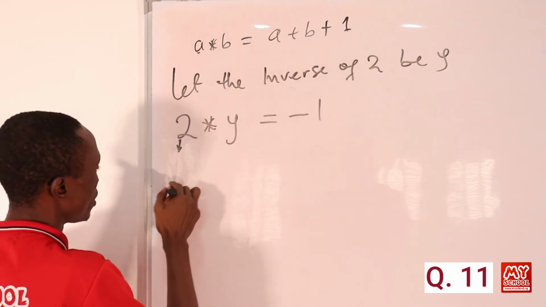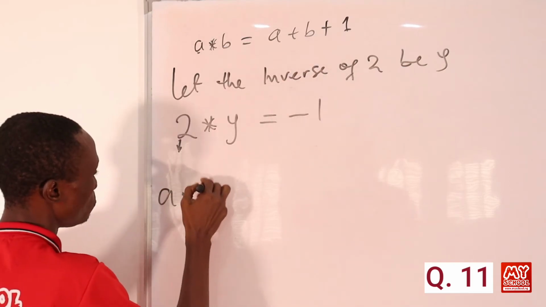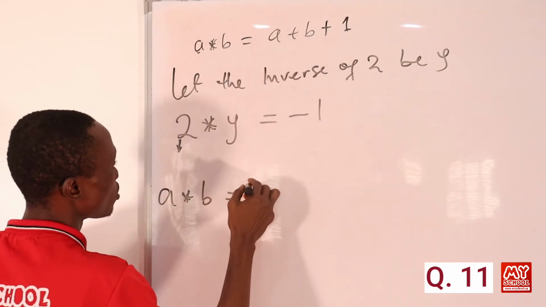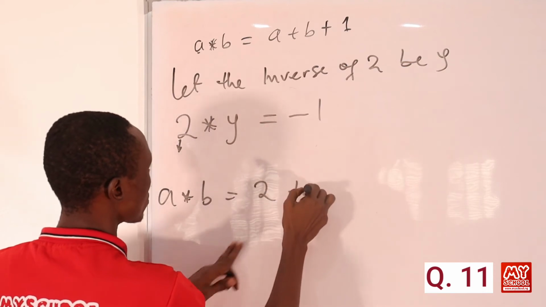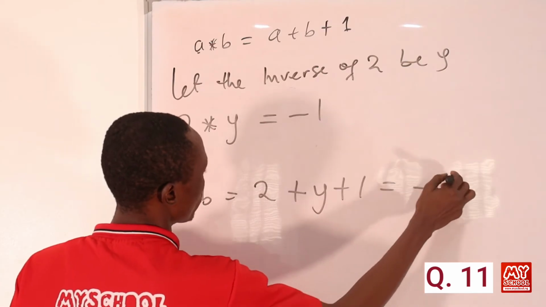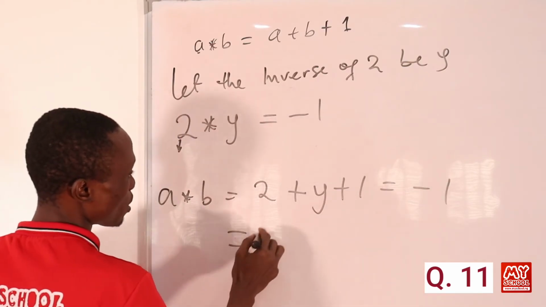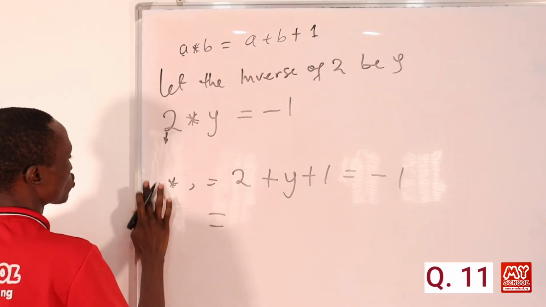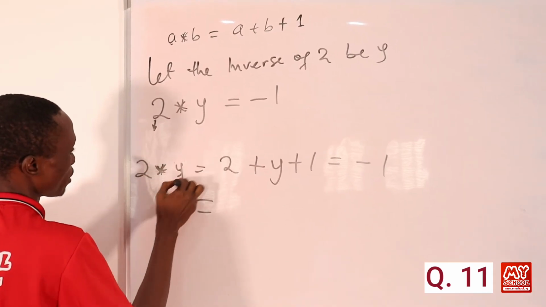So here a star b will now become 2 plus y plus 1 is equal to minus 1. Sorry, 2 star y should be equal to this.